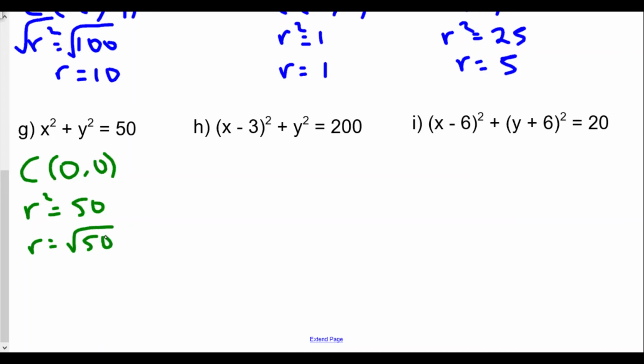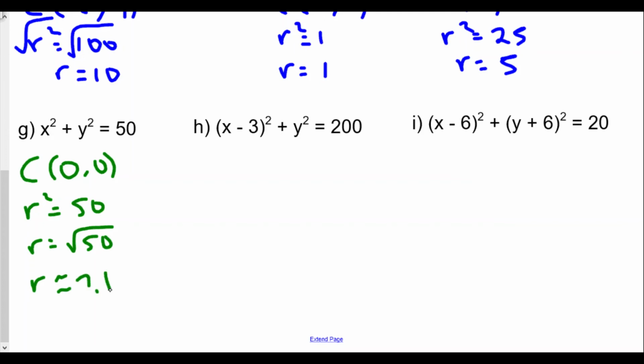So we're going to find the square root of 50. Okay? So the square root of 50 is going to be 7.07. So the radius is approximately 7.1 units.